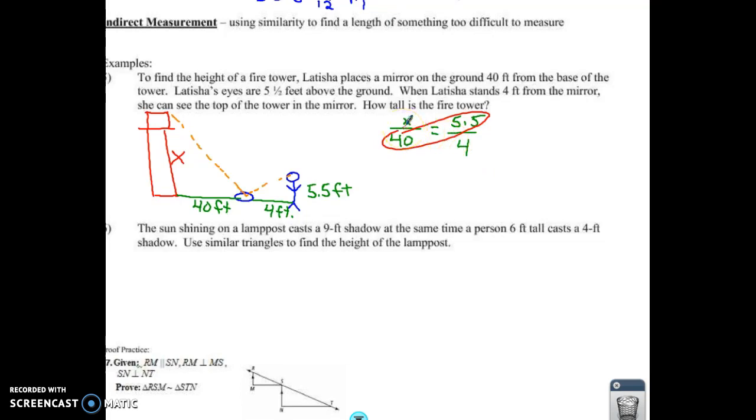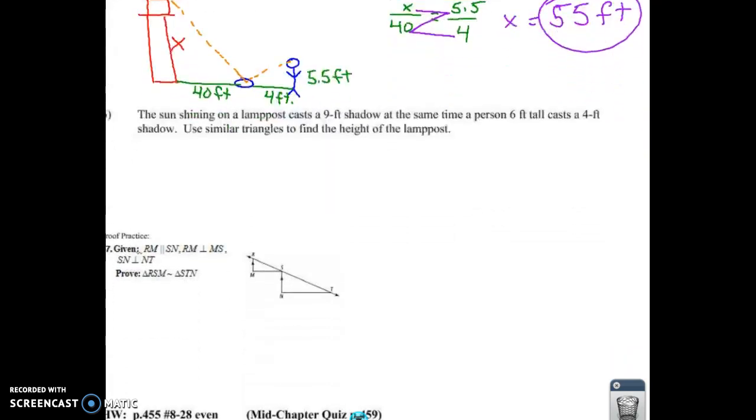Another way of doing this is what we call, maybe your teacher had said this to you, a backward Z. What do I do to 4 to get 40? Times by 10. 10 times 5.5 would be 55. So I know x equals 55 feet, and that is the height of the tower. There you go. And we'll hit one more problem here.